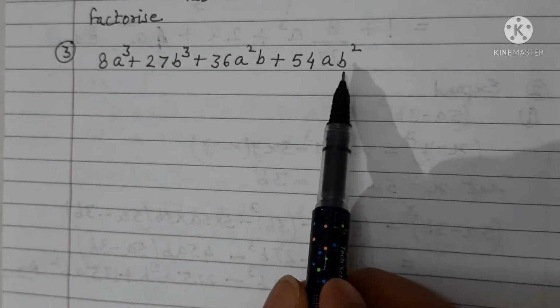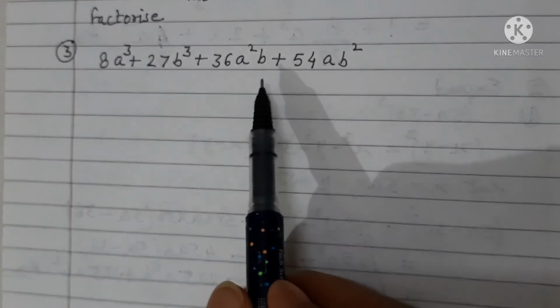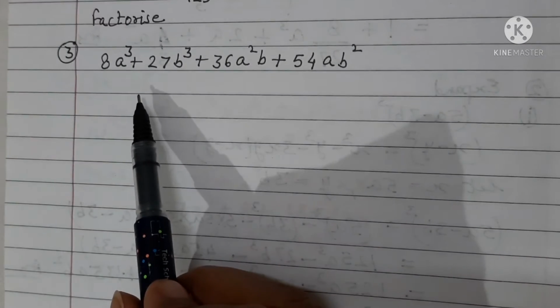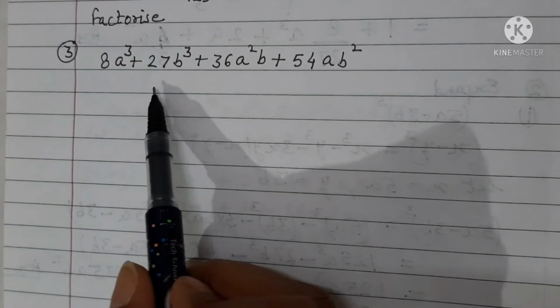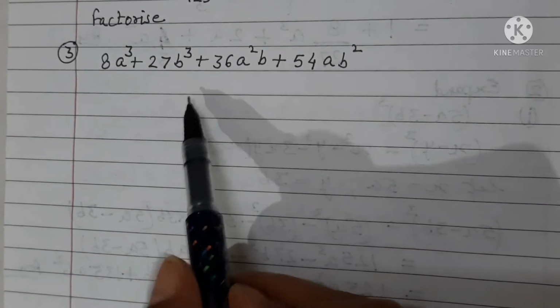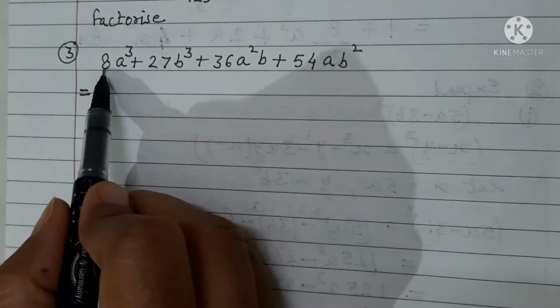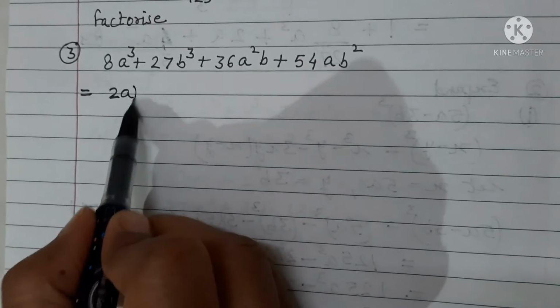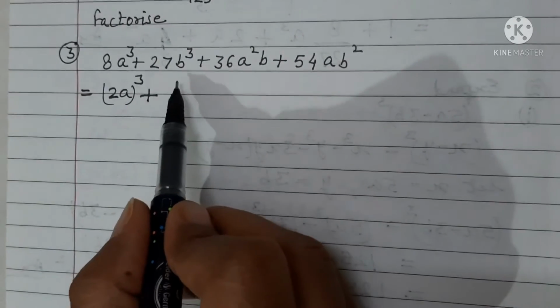This expression seems like an identity, so why shouldn't we try to convert it into the form of x plus y whole cube. So try it. So you can write down, this is 2a whole cube plus 3 is 9, 3 is 27.